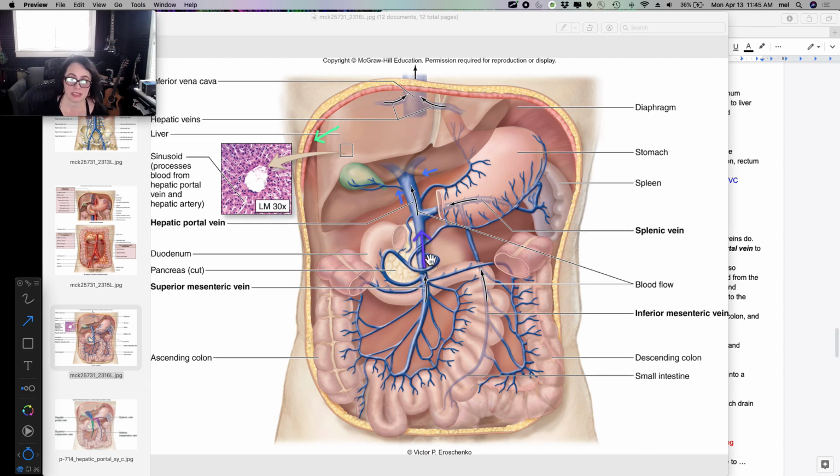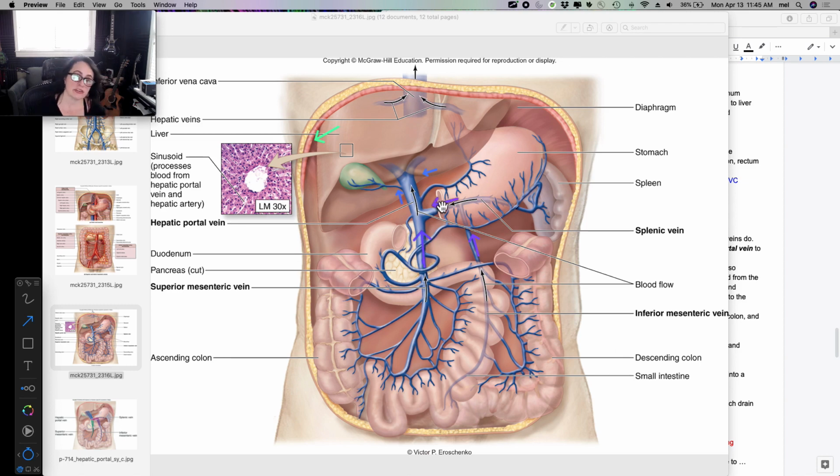And this one is gathering blood from the descending and sigmoid colon. That's the inferior mesenteric vein. And this one is coming from the spleen. That's the splenic vein. So the front leg is the inferior mesenteric vein, and the back leg is the superior mesenteric vein.